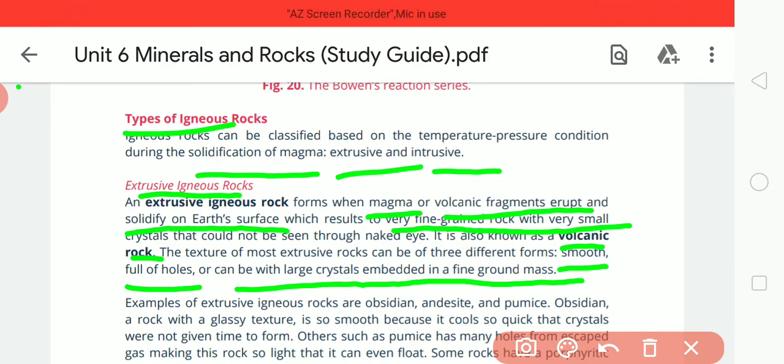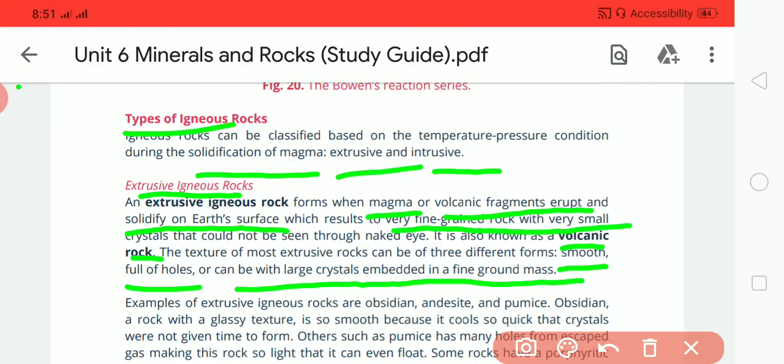So, for extrusive igneous rocks, class, what you should always remember is that extrusive comes from the word ex, which means outside, like our exosphere. That means the magma solidifies on the Earth's surface. It did not solidify underground or below the Earth's crust.